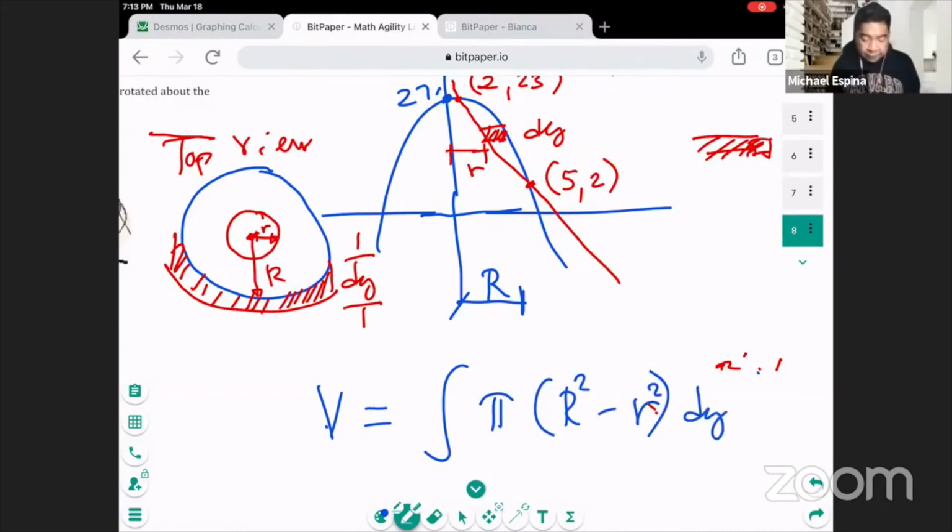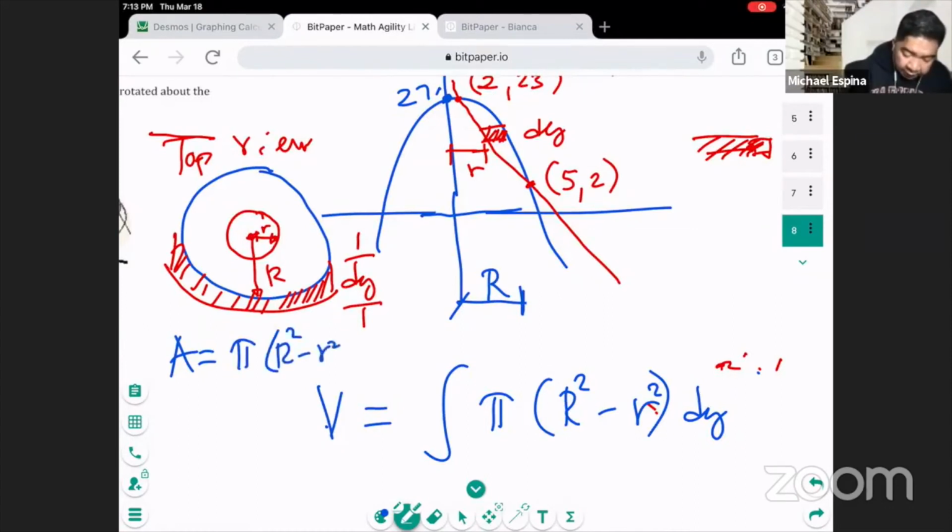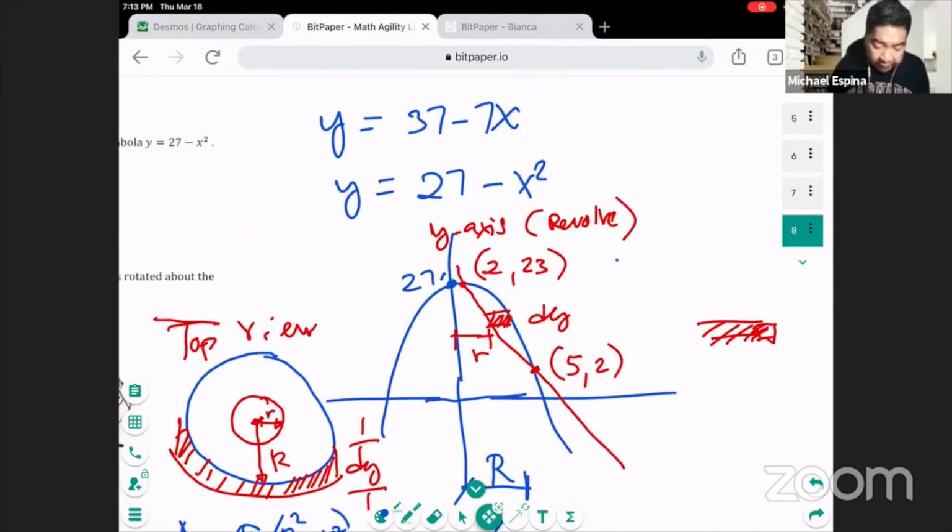Because the area of the circle, not the volume here, is pi r squared. So what is actually our R squared? R squared is the distance from the parabola up to the axis of revolution. So this is actually an x value. What is the x value of our parabola in terms of y?